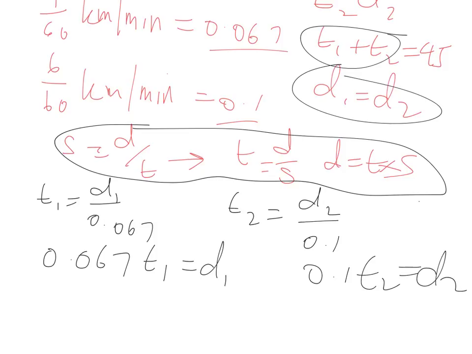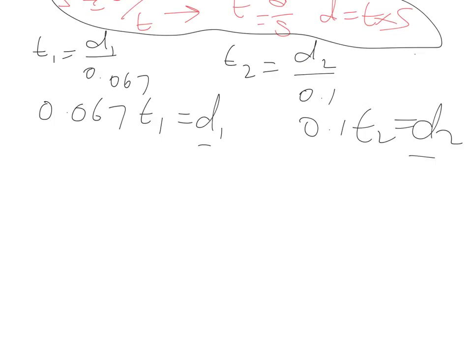All I've done is multiply them, so I can write D in terms of T. Now, because the distances are the same, I'm going to equate them. So 0.067 T1 equals 0.1 T2. They equal each other.